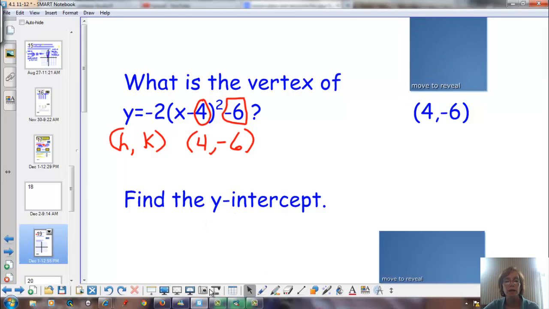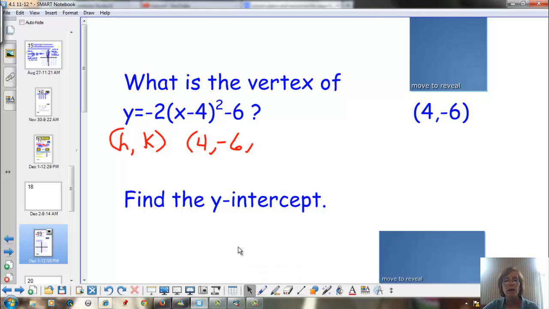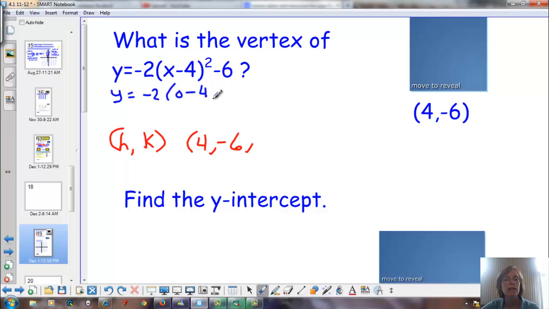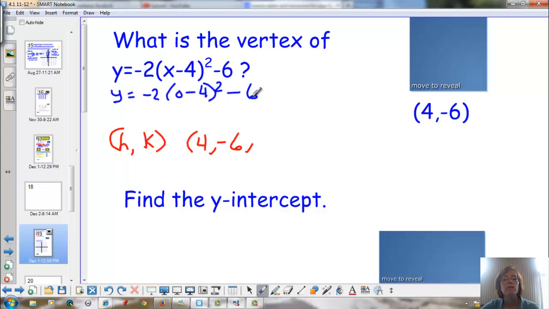What about the y-intercept? If we want the y-intercept, remember that means we need to plug in 0 for x. So y equals negative 2 times 0 minus 4 quantity squared minus 6.